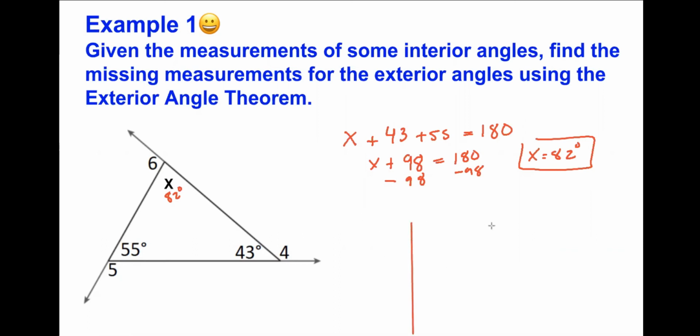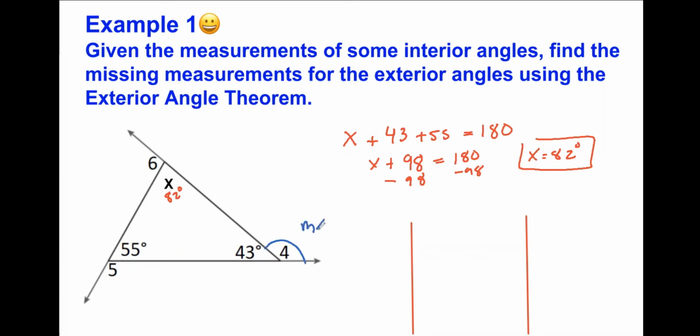How do we find the measurement of angle 4? Let me do this one in blue so you guys can see it. Here is angle 4, our first exterior angle.